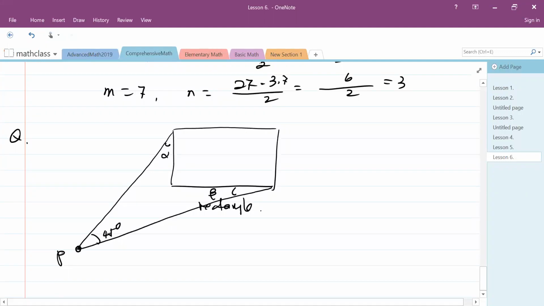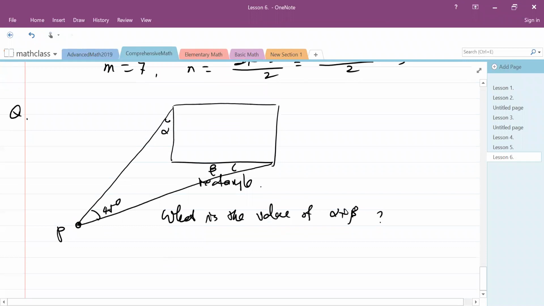My question is, what is the value of alpha plus beta? Can you determine that? Maybe the answer is it cannot be uniquely determined.